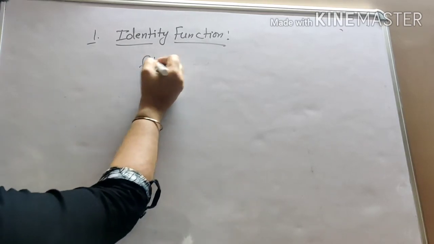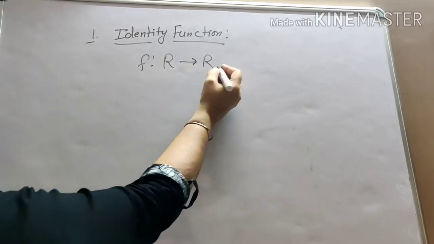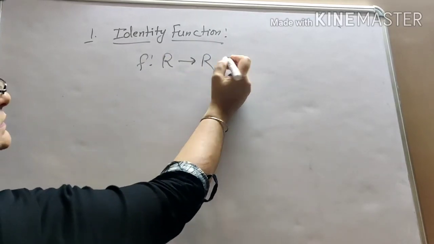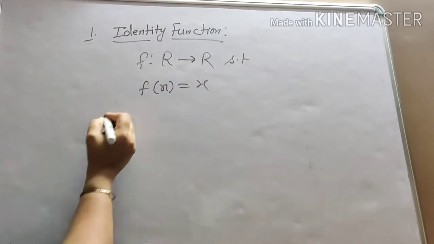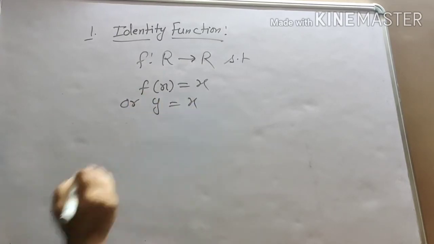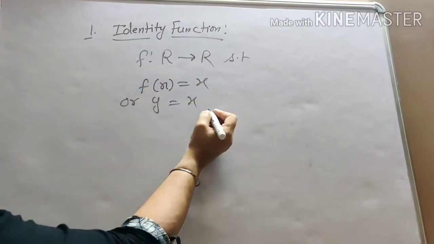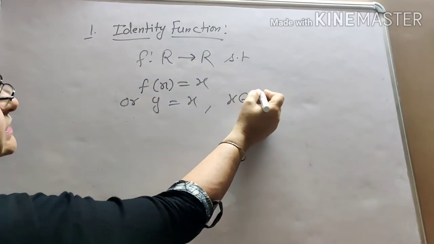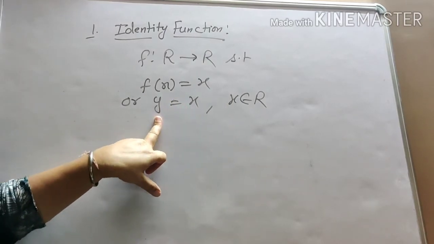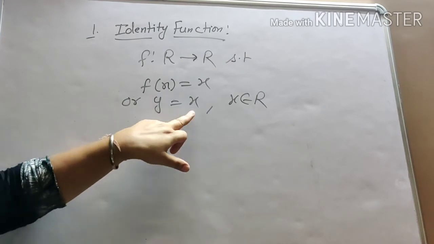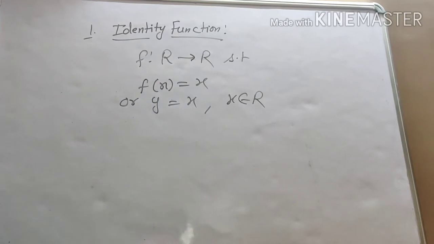If a function is from R to R, it means real to real, such that f(x) is equal to x, or we can say y equals x, then this function is called the identity function for every x belongs to R. If x belongs to R, then y must belong to R because y is equal to x. So this is an identity function.